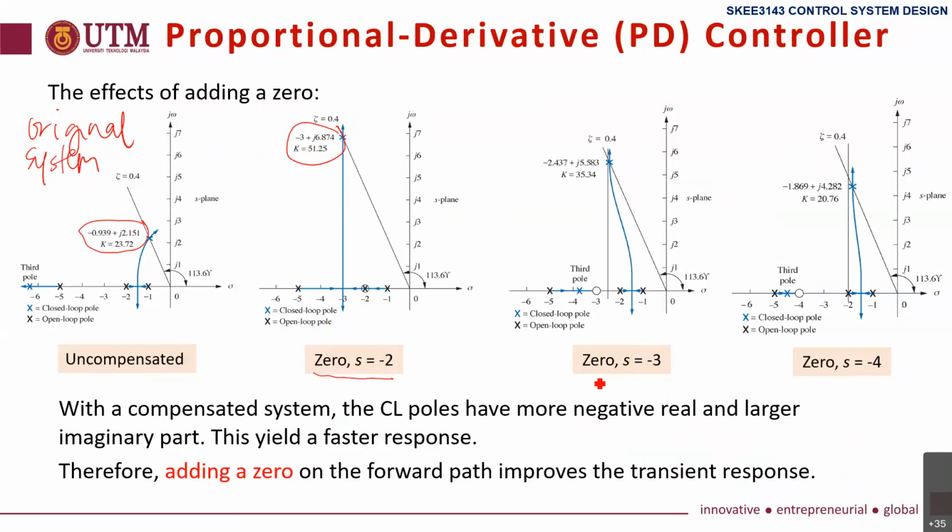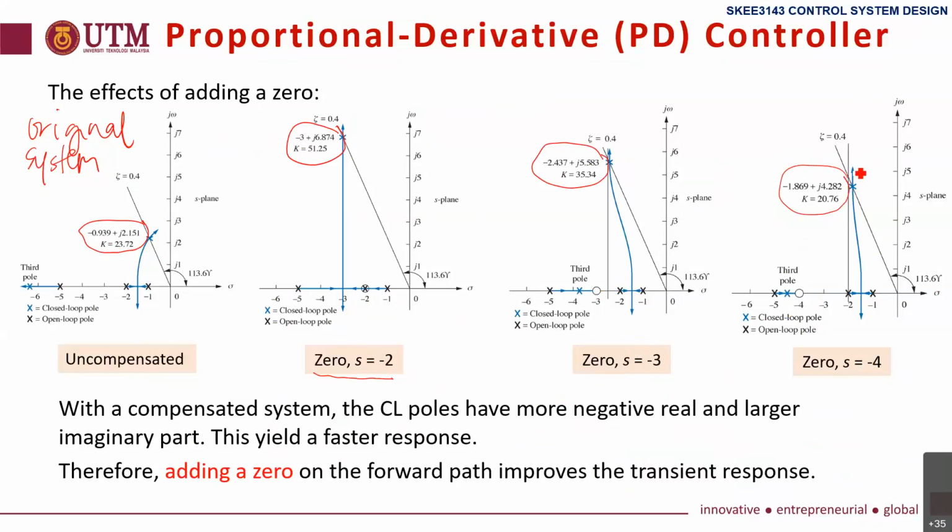Similarly, we add another one just to test at -3. Before it was -2, now we add -3. It's like this. This is the dominant pole. Then we add at -4. This is the dominant pole. Okay.